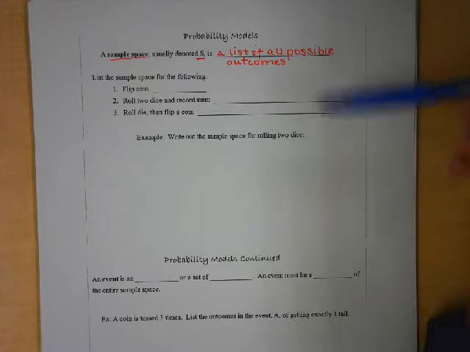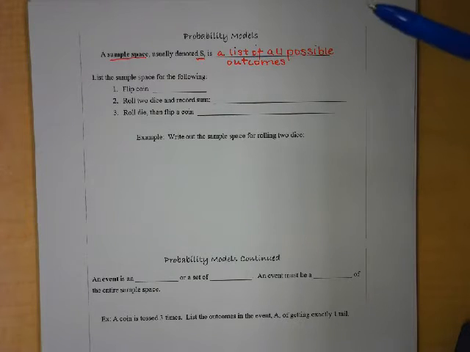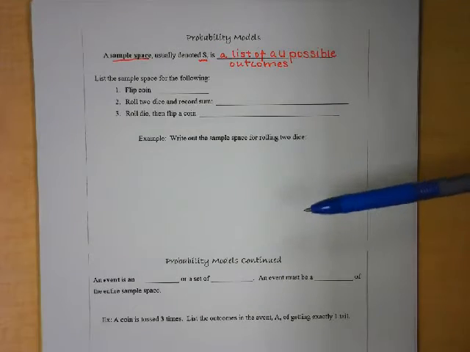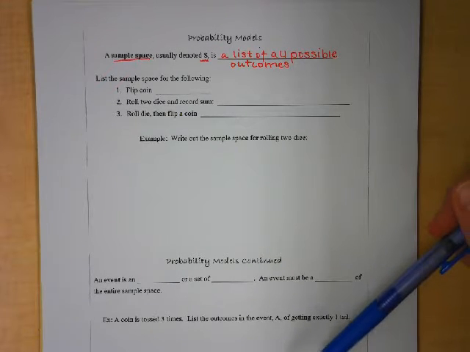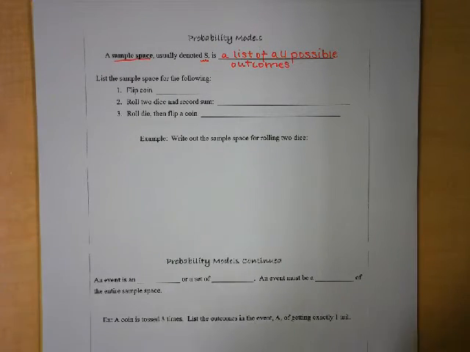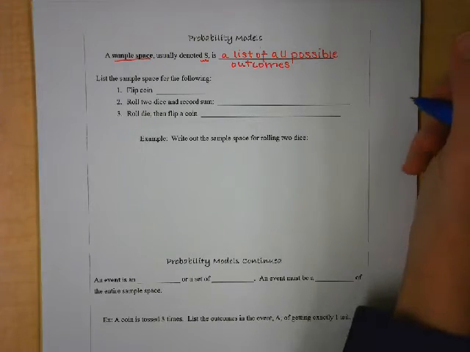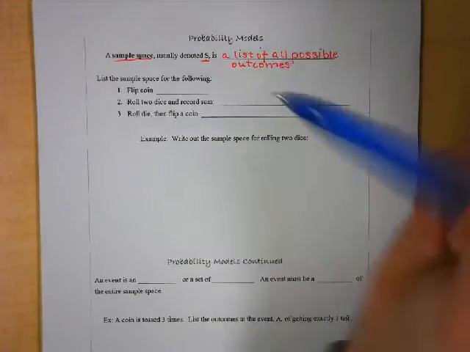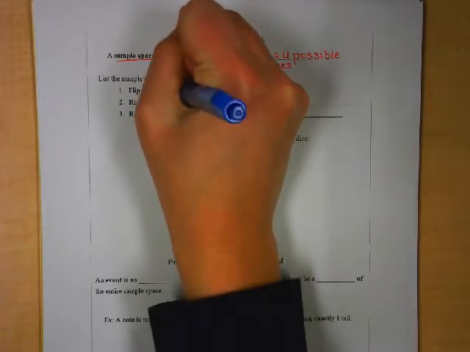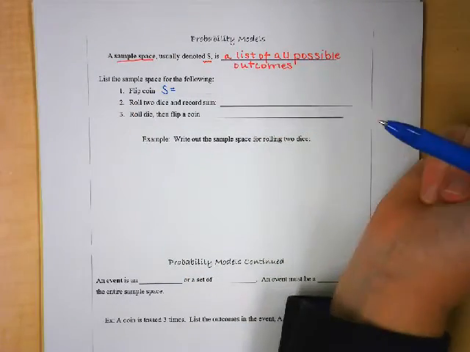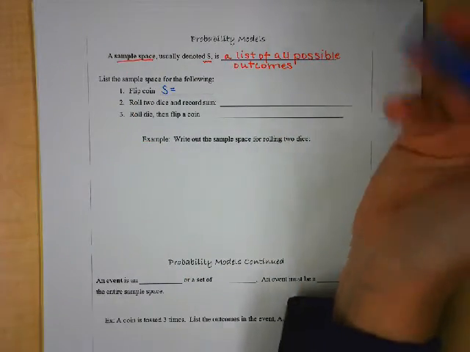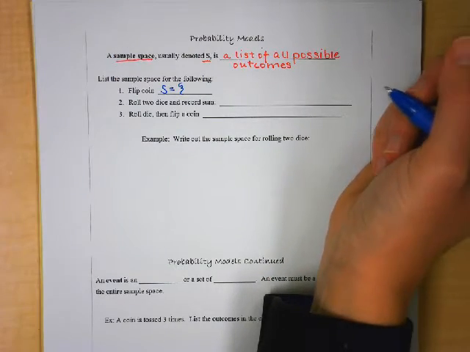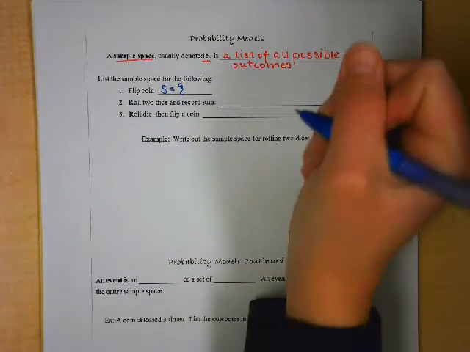So we're going to go through and list some sample spaces so that we get practice with that. Then we're going to use our sample spaces to find some probability and then get into our first probability rule. We're going to list the sample space for flipping a coin. We use S, sample space, put an equal sign, and then we use these squiggly brackets.